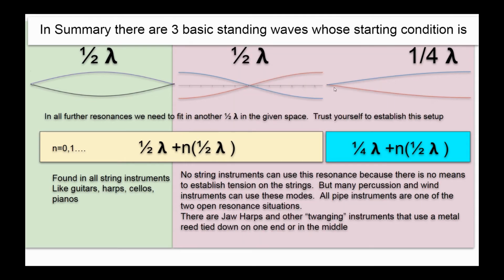But no guitar can operate with one end of the string broken loose from the body of the guitar. So there are reed instruments, basically like the tines on a fork, or those little wind-up music boxes where the ballerina dances on the mirror and you hear the little tuning forks going pling, pling, pling. Those would be this mode of vibration, but not a string instrument.